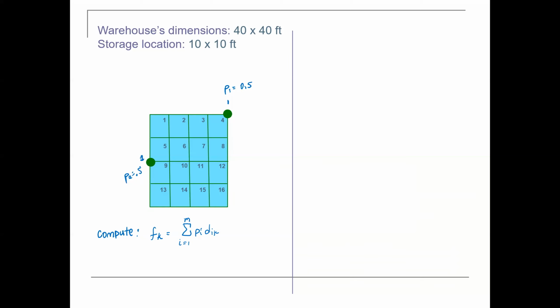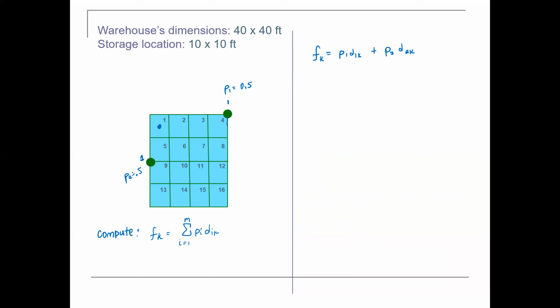So for instance, if I want to compute this for every location in the warehouse, F_k is P1 D1k plus P2 D2k. For this location here in the warehouse, I have to find the rectilinear distances. So we know these are 10 by 10.